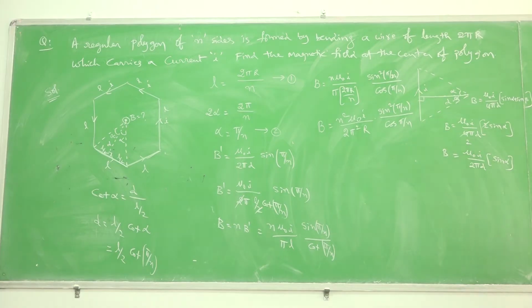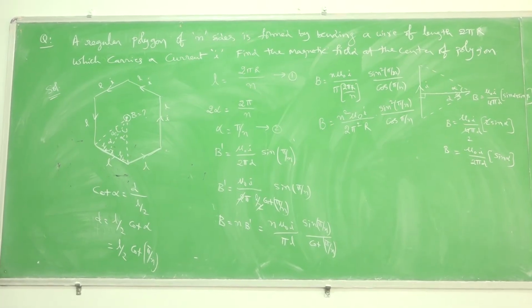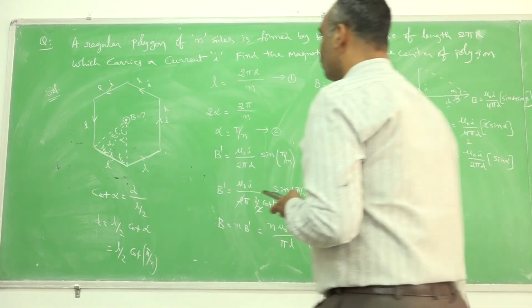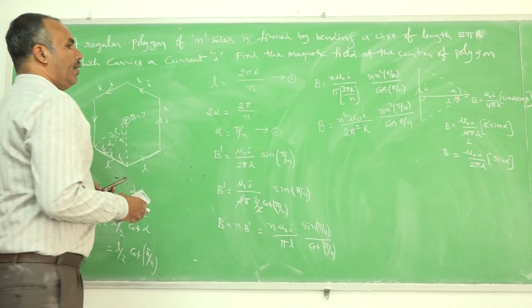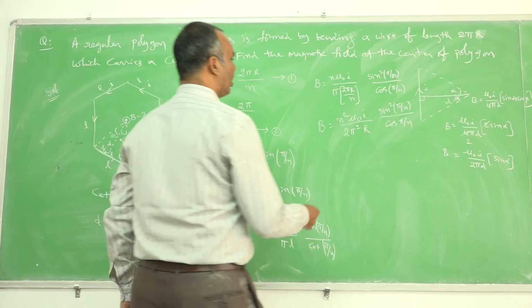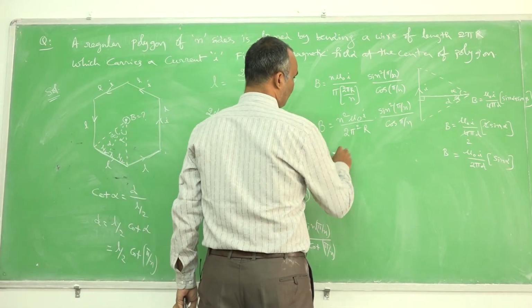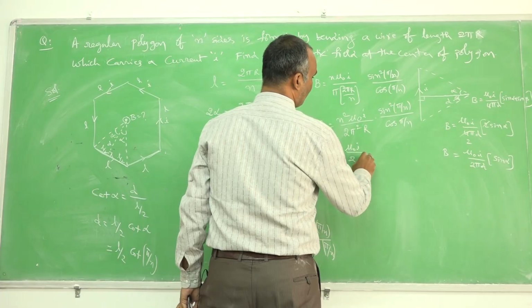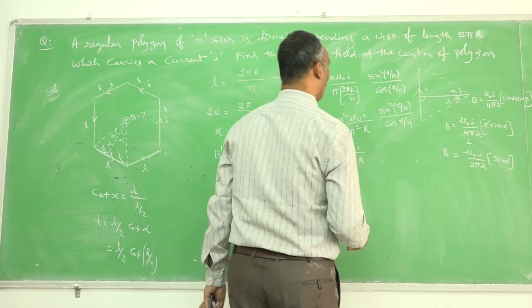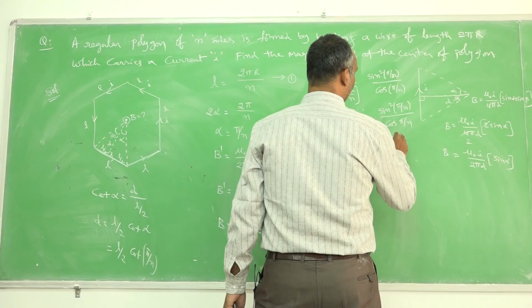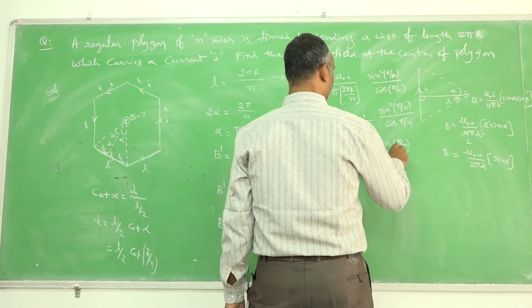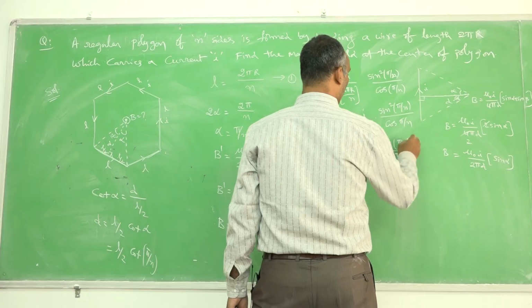So that is the solution for the question. Here, this formula can also be expressed as mu naught I by 2r into (sin pi by n by pi by n) whole square.